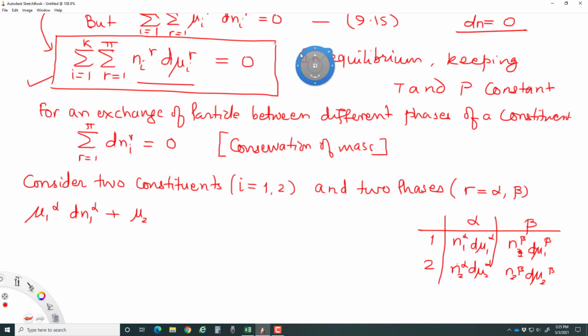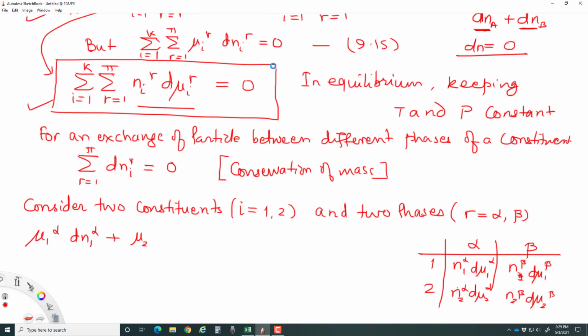We want to find the condition for equilibrium. So rather than this one, we'll consider this case here.